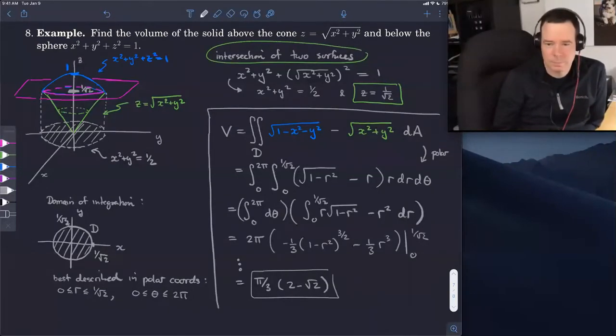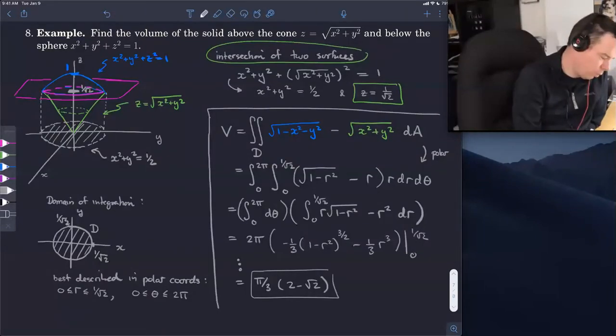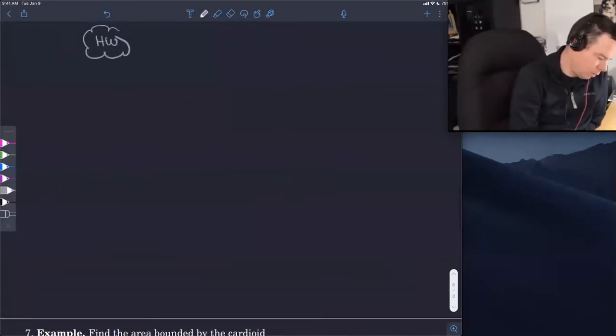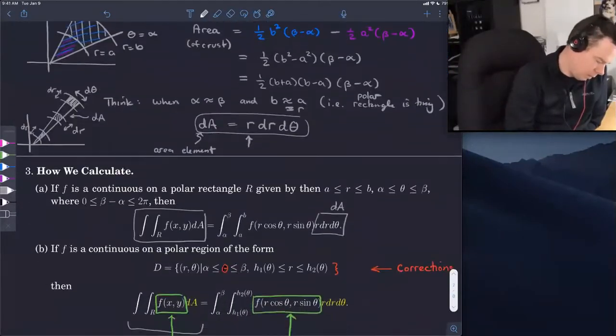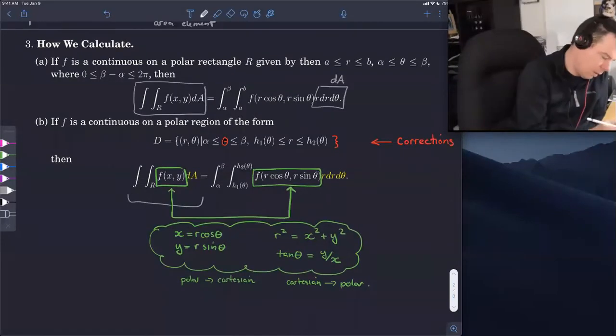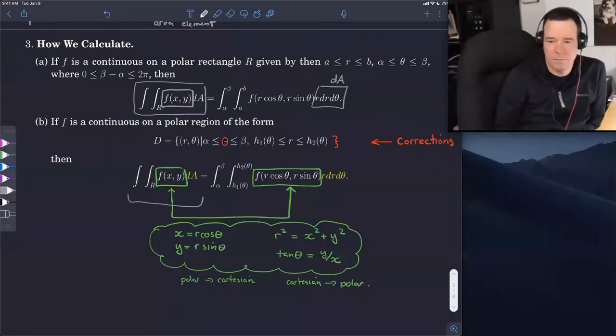Why are we taking the integral of z? Because we're doing a volume, right? So the idea is if we scroll back to any of these calculations back here, the volume is, we are basically integrating our function, which is our z values, over the region.